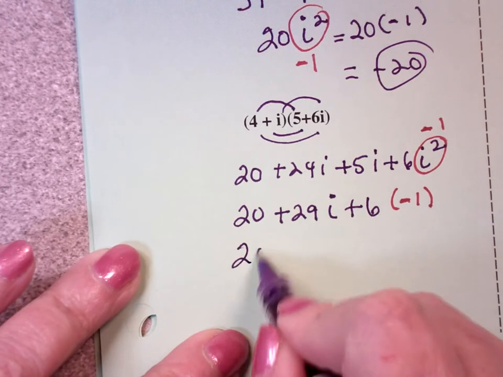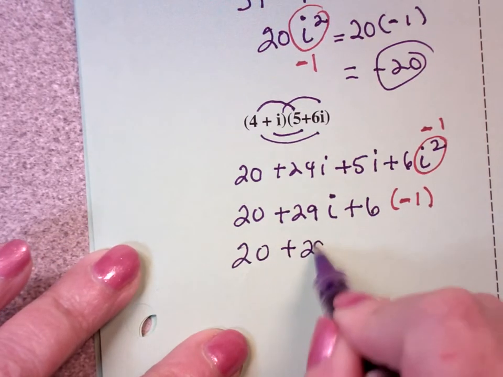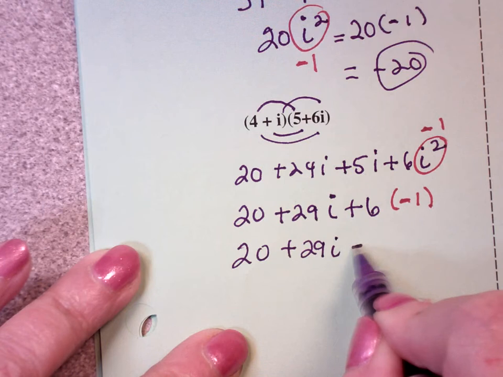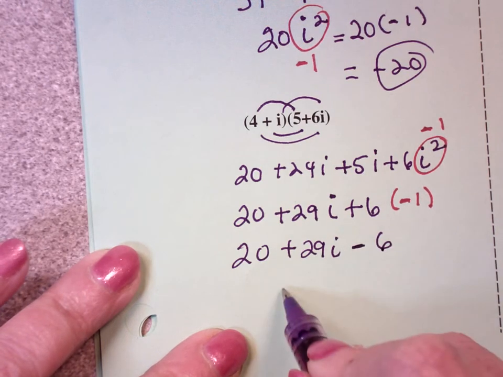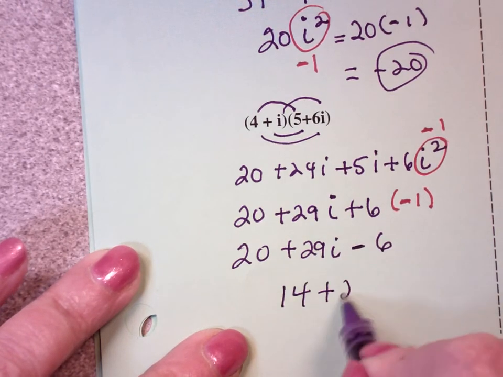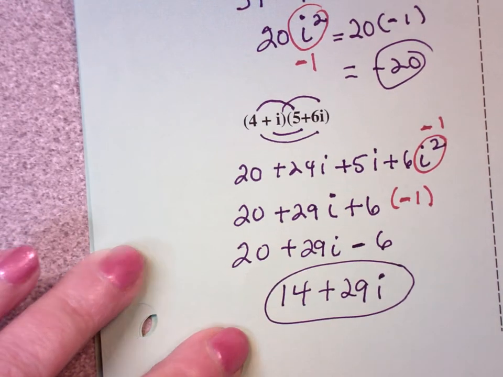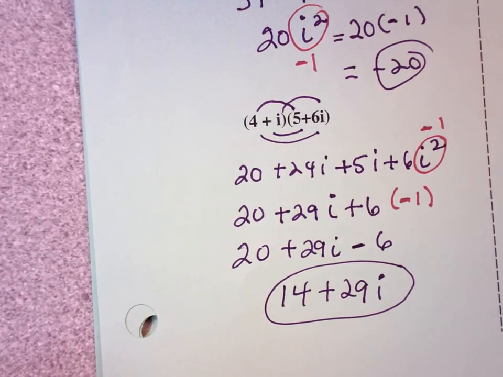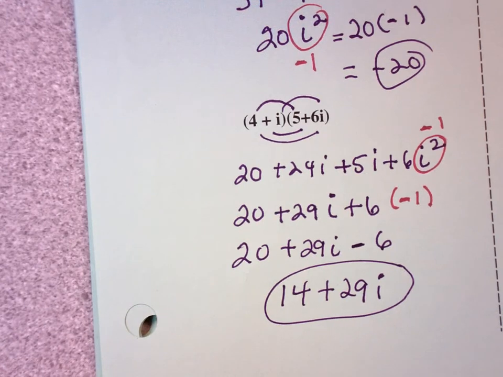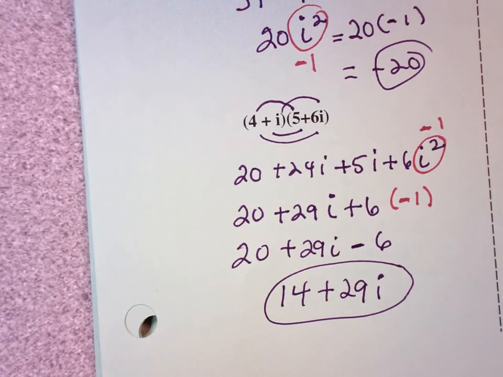So it's 20 plus 29i minus 6, or 14 plus 29i. Doable, right? Yes? No? Don't care.